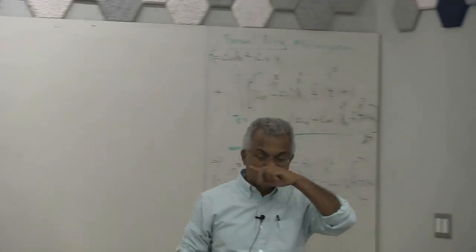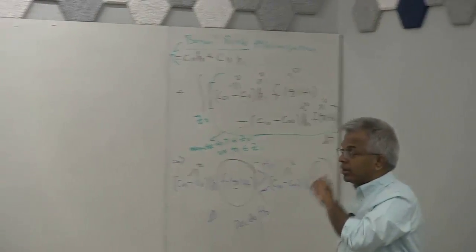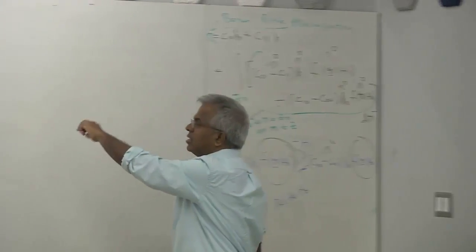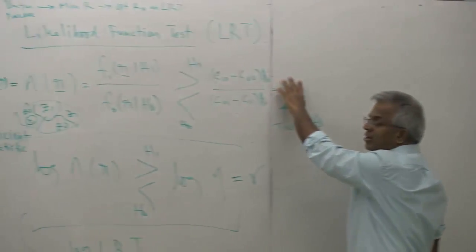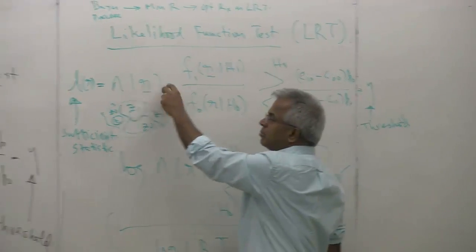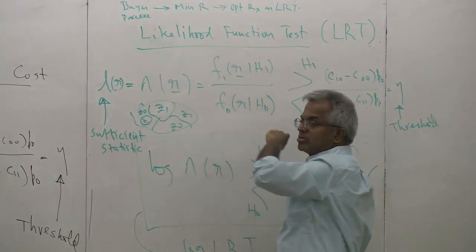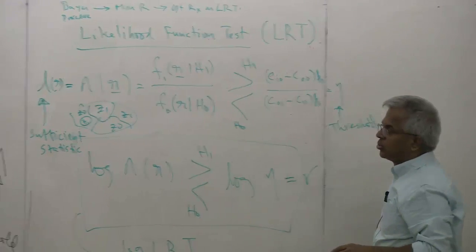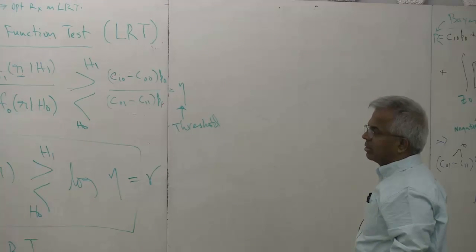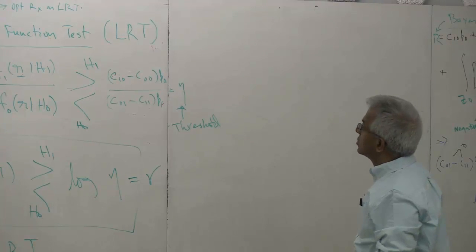Whatever is the simplest form of the data once you manipulate the likelihood function, you call it the sufficient statistic. If you manipulate, you may get a different threshold, a different constant, because there may be some constants here. You bring all those constants to the right side and get a new threshold. So the bottom line is that a sufficient statistic is compared with the threshold.